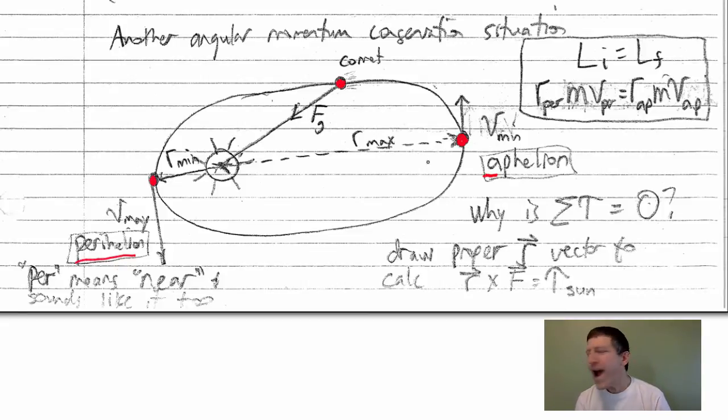Now, why is it that angular momentum of the comet and sun system is conserved? That is because, let's look at the R's and F's involved. Here's an arbitrary point where the comet's at. Which way is R? Here's R right here. Let's draw it in red. R is the displacement from the axis of rotation to where the mass is stationed.